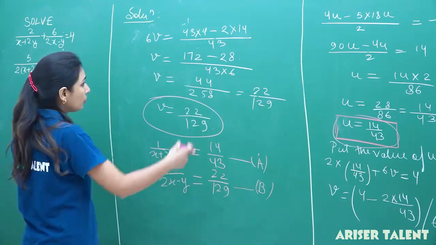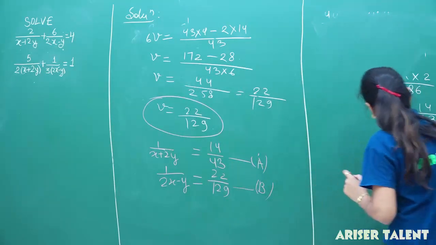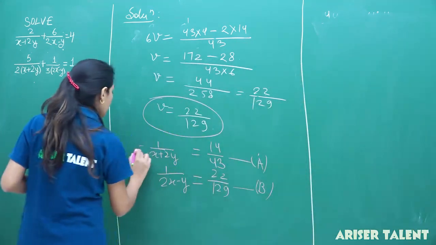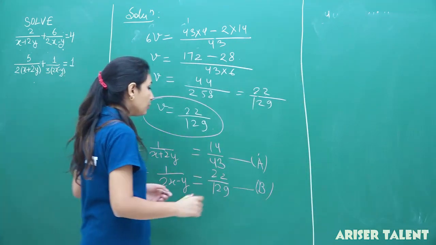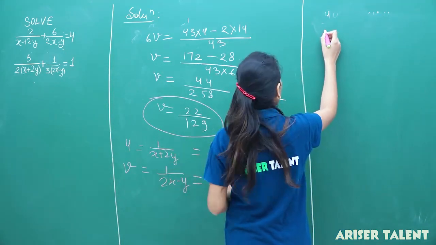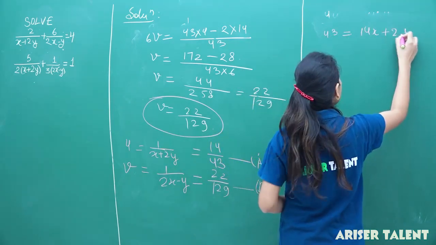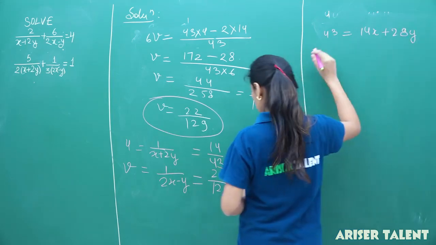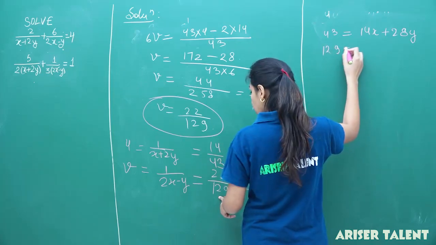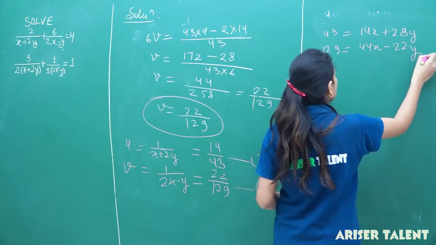So, we'll continue that in that part. That was u and that was v. So, here students, I have 43 equals 14x plus 28y, and this equation 129 equals 44x minus 22y.